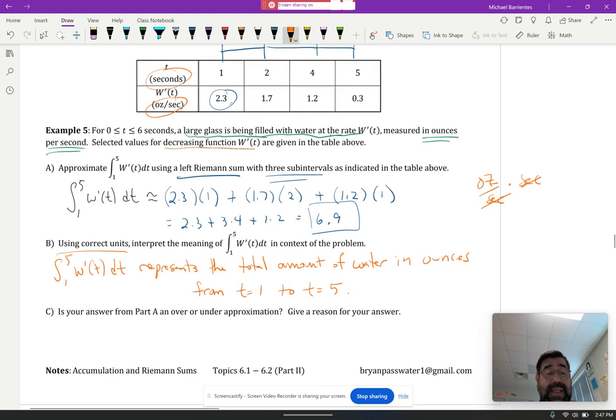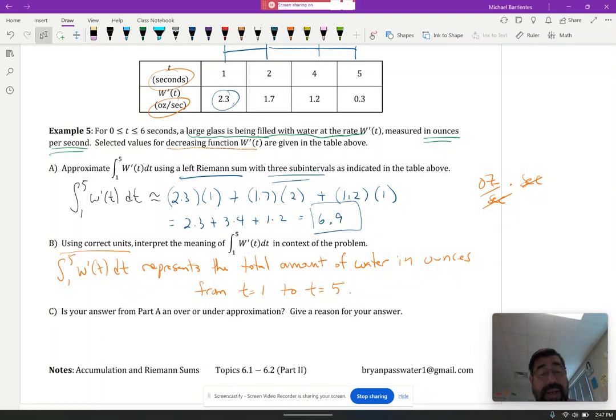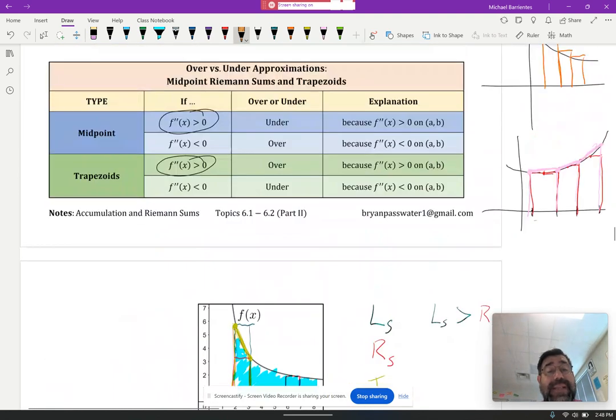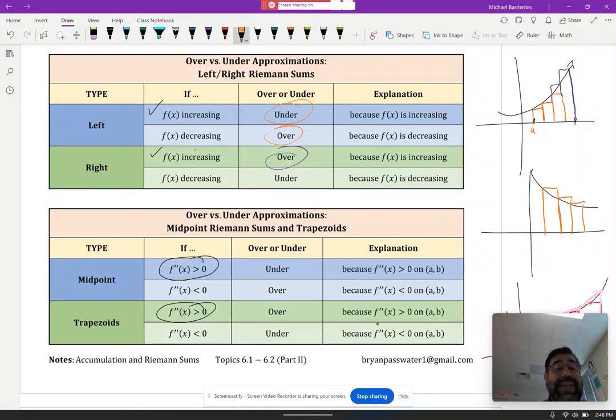Last question. Is that answer an overestimate or an underestimate? By the way, I'm going to come back and put ounces here. Is part A an overestimate or an underestimate? How do we know? Remember what we said. If the derivative is decreasing and we used a left-sided rectangle approximation, going back to my table, then I'm going to have an overestimate.